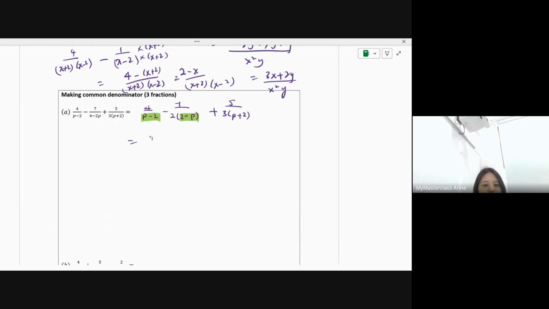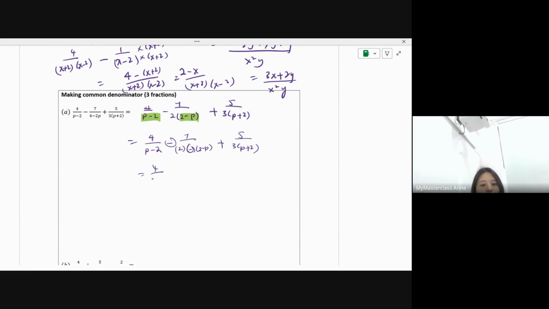So first, write out 4 over p minus 2. If I want to change 2 minus p into p minus 2, I just put a negative in front. So negative 7 over negative 2 minus p, plus 5 over 3 times p plus 2. Same thing, negative and negative become a positive.